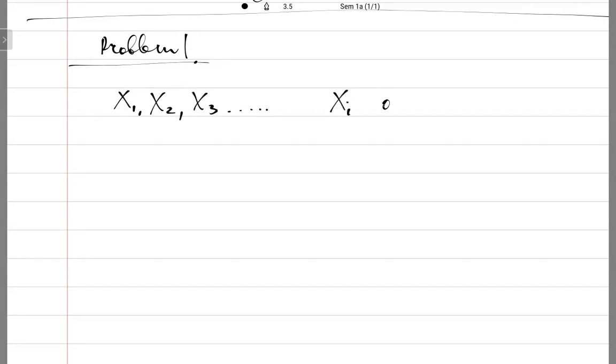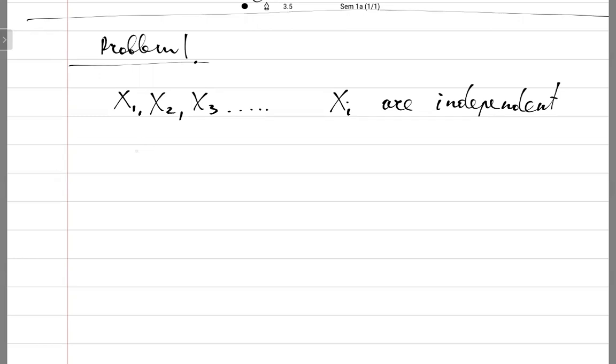First, let's consider a stochastic process with a corresponding problem. Problem one. Let's consider the sequence of random variables X1, X2, X3, and so on. The Xi are independent, and I know their distribution.